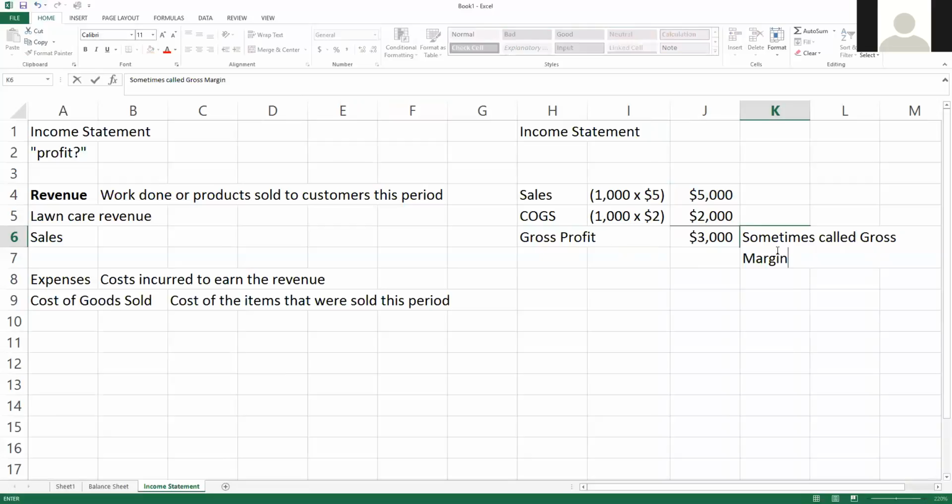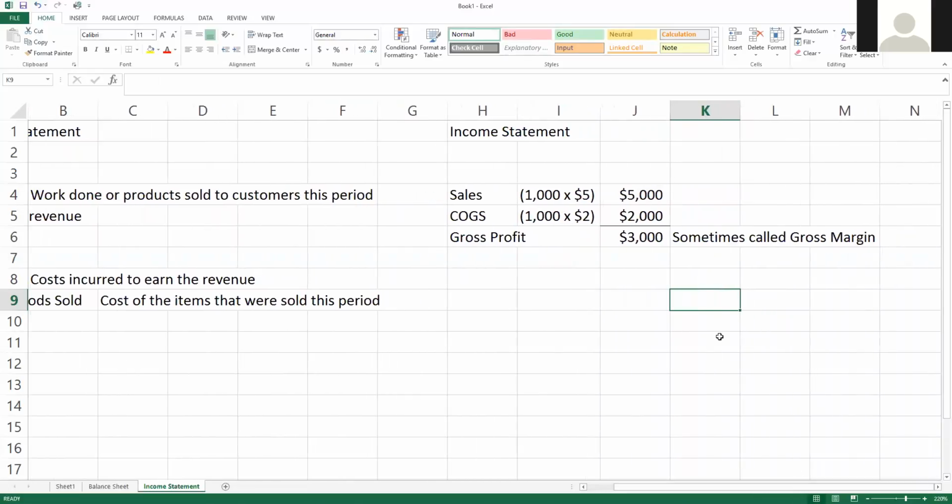For whatever reason, there are two ways to refer to this, and I don't want you to get confused when you're so used to me saying gross profit and some textbook example says gross margin. They're the same thing. As much as I can, I will try to say it can also be called this or that, in case there are extra names.